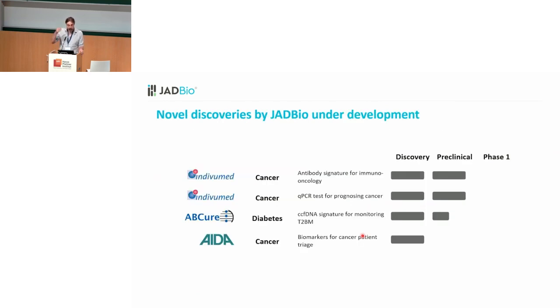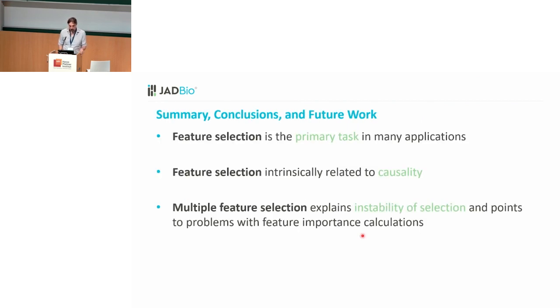Also, some of our clients that you see here have identified biomarkers that are now in preclinical trial for drug development. So hopefully we'll have some drugs developed based on these discoveries.